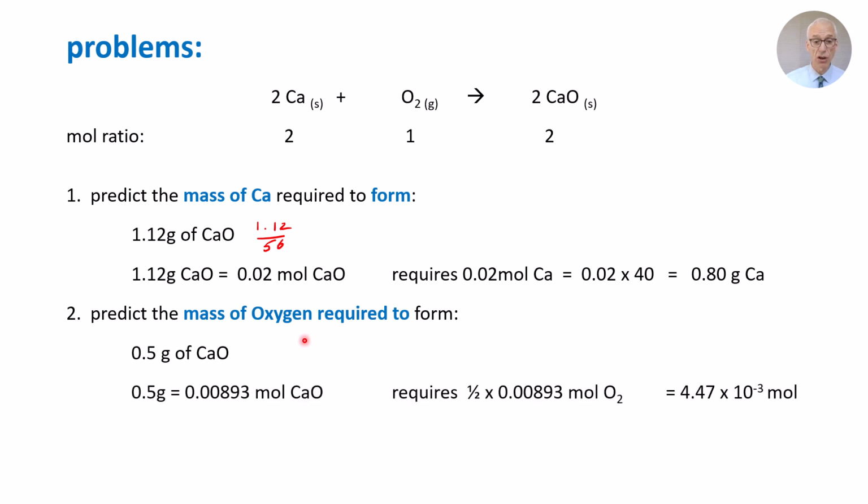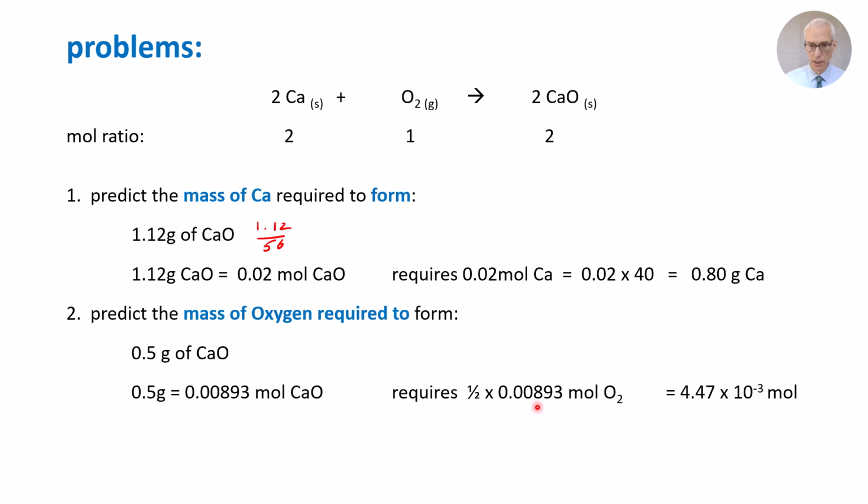So the mass of oxygen required, again, we now know the mass of product. What would be the mass of the reactant? So convert the mass of product into a number of moles by dividing by 56, as on problem number 1. Then we have half the number of moles as we have of calcium oxide.